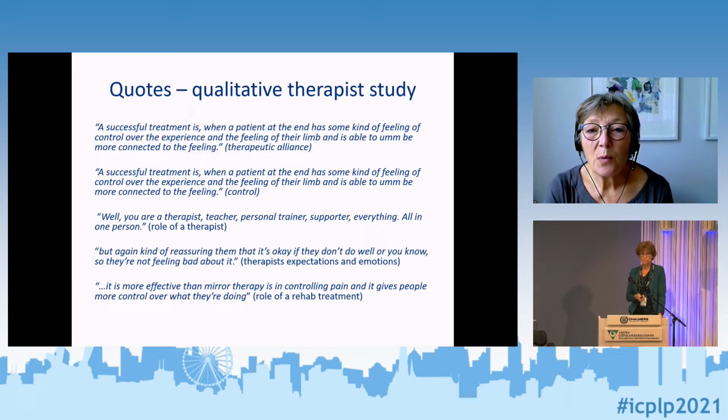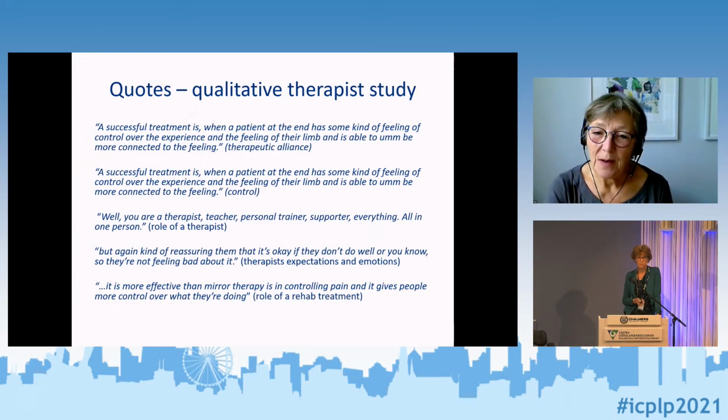And here are some quotes from this study. Regarding therapeutic alliance, the therapists reported that this was a successful treatment, and a successful treatment is when a patient at the end has some kind of feeling of control over the experience and the feeling of their limb, and is able to be more connected to the feeling.